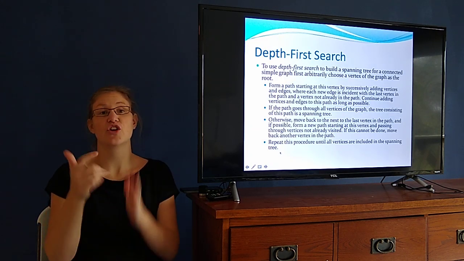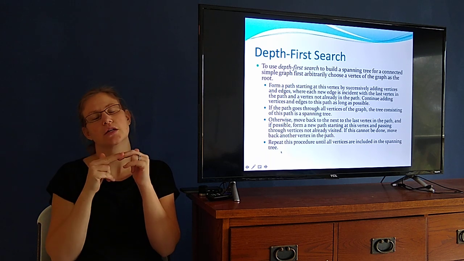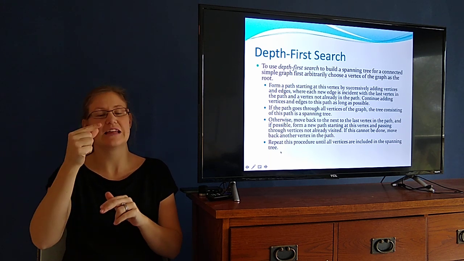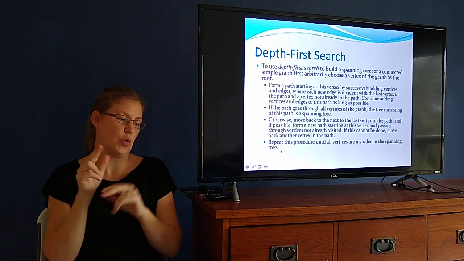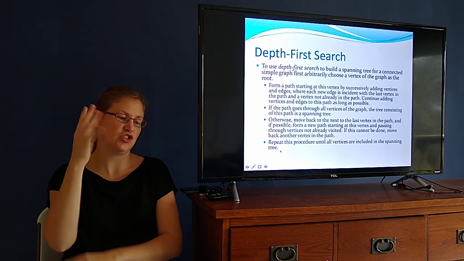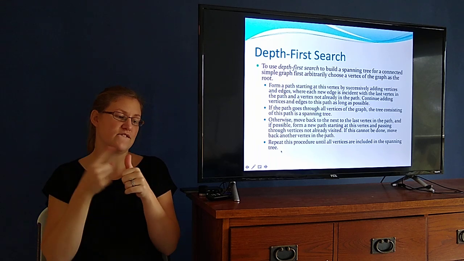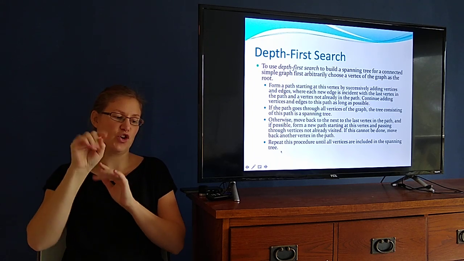Another technique to construct a spanning tree is depth first search. Using depth first search to build a spanning tree for a connected simple graph, first arbitrarily choose a vertex of the graph as the root.